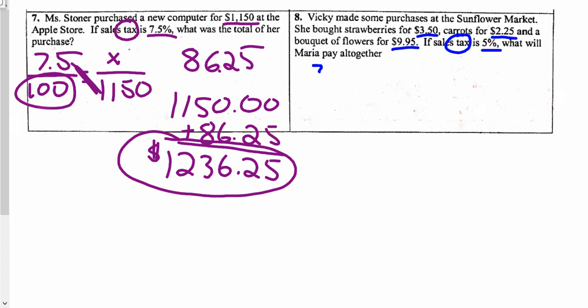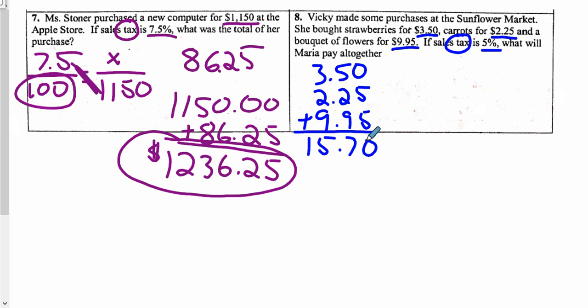So we have the $3.50, the $2.25, and the $9.95, and we're going to add all of those up, and that equals $15.70. Okay, so that's how much you spent.